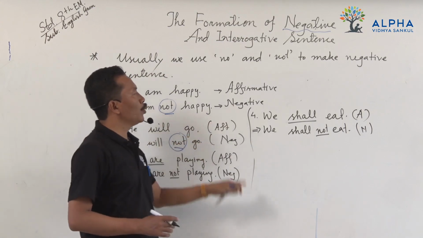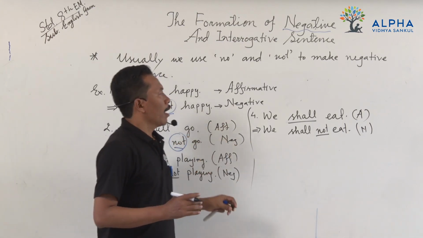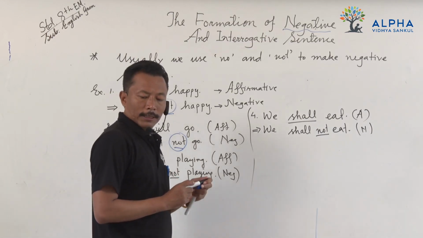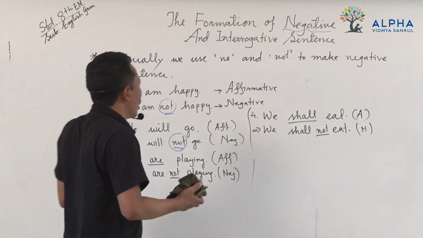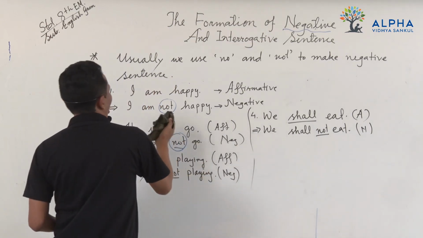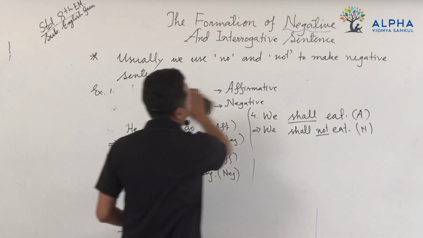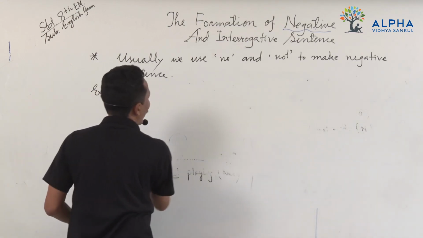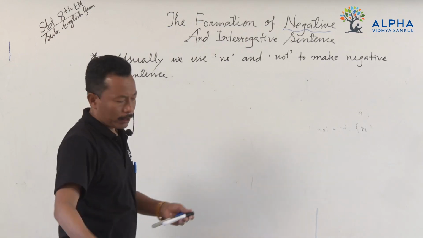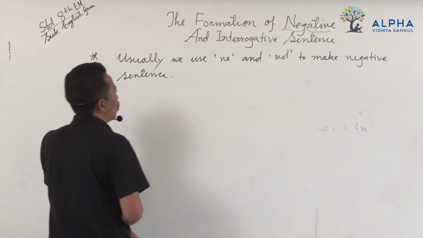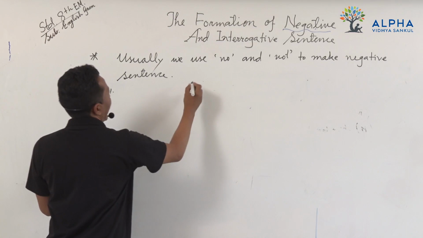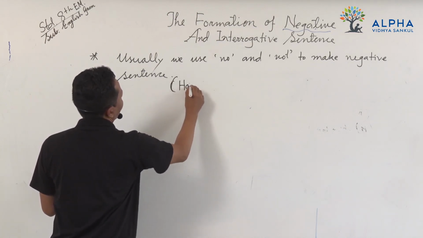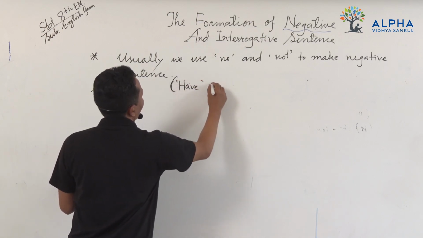But there are different verbs. You will find some verbs. For them we have two ways. And such verbs I'm giving you. They are the have verbs.